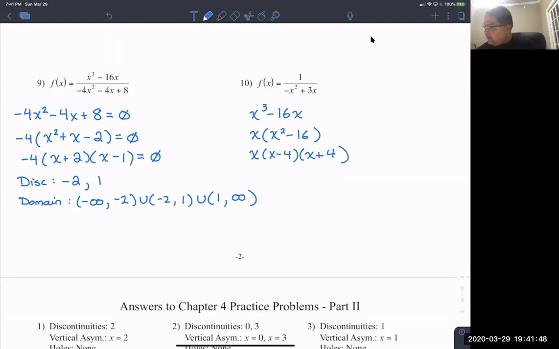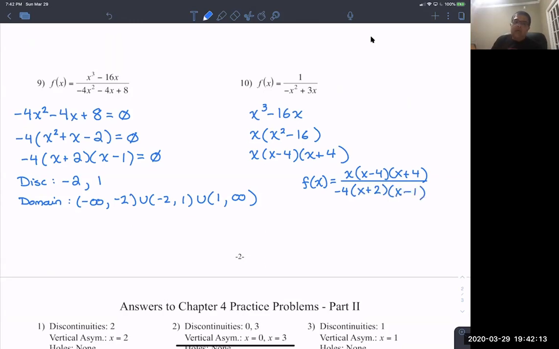Okay. Now, that means my rational function in fully factored form is x times x minus 4 times x plus 4, over -4 times x plus 2 times x minus 1.